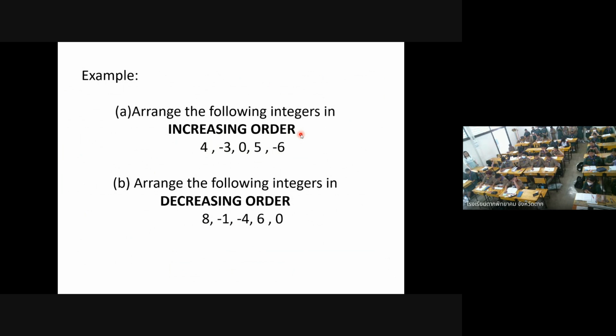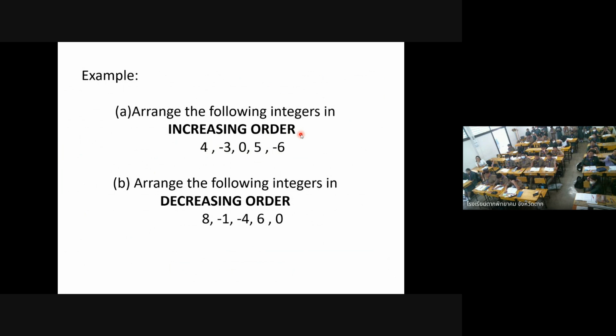That would be from left, the farthest left is -6. And then -3. And then, what's next? 0. And then 4. And then 5. And this will be the numbers in increasing order.